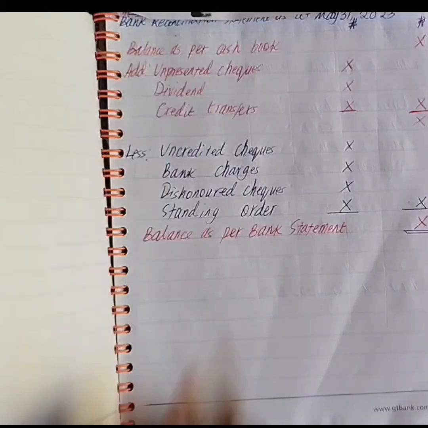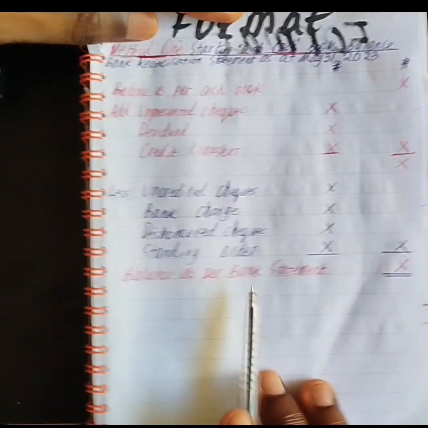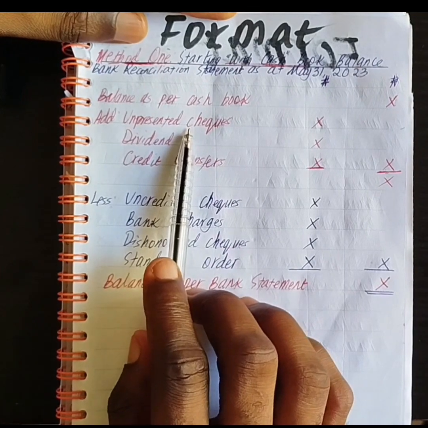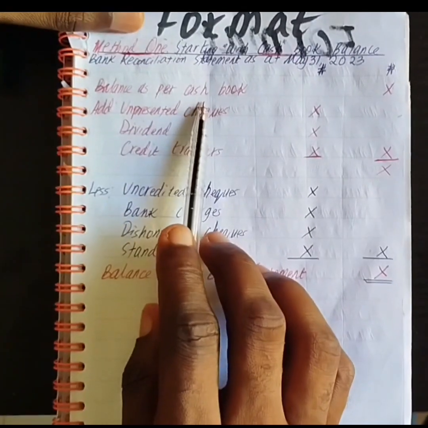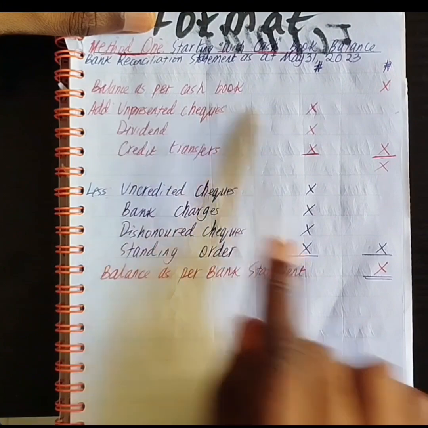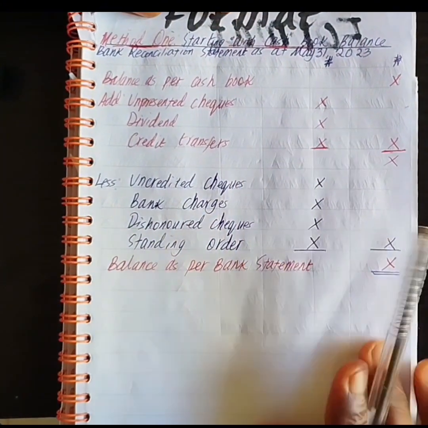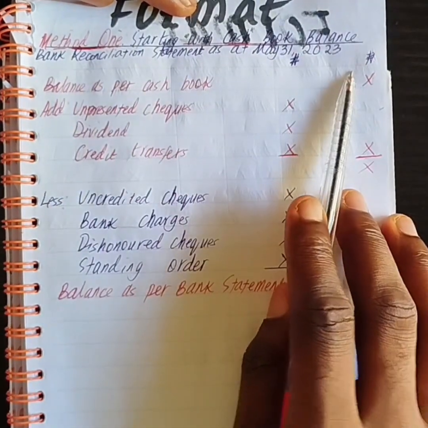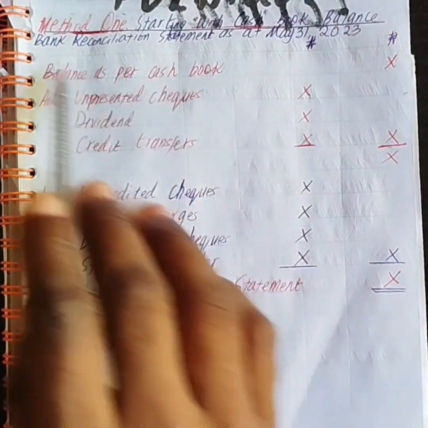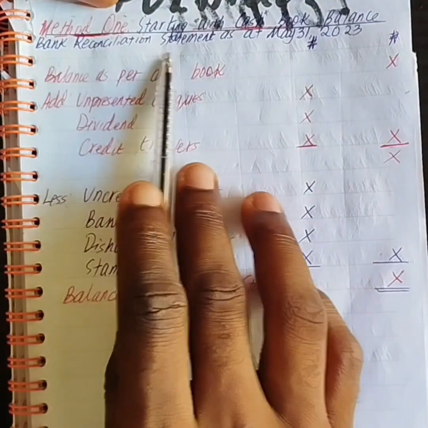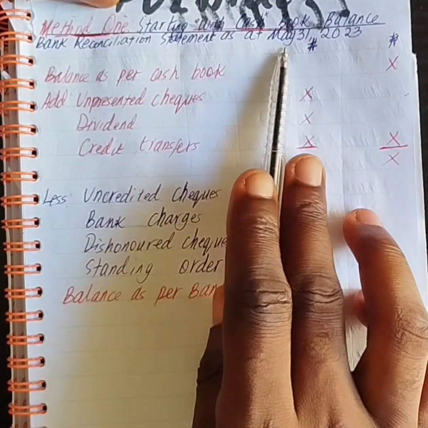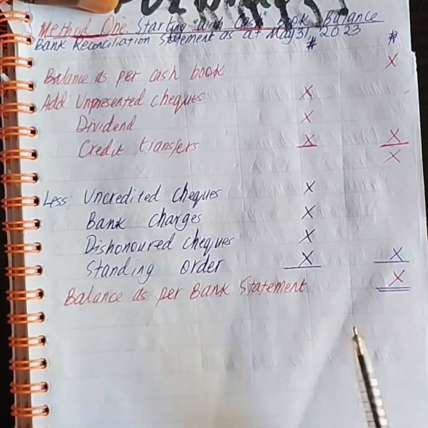Okay? Now, the format. This is the format. As I told you earlier, you can either start with balance as per cash book, or you can start with balance as per bank statement. When you are starting with balance as per cash book, this is the format that you will use. So you write the name of the business, you write bank reconciliation statement as at, you date it as at 31st May 2023, for example.